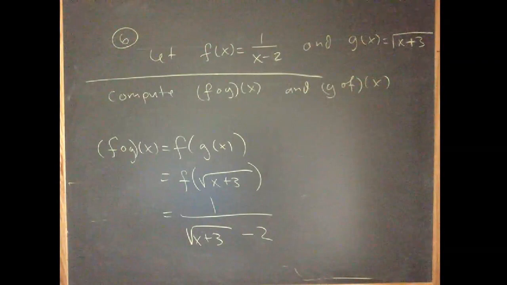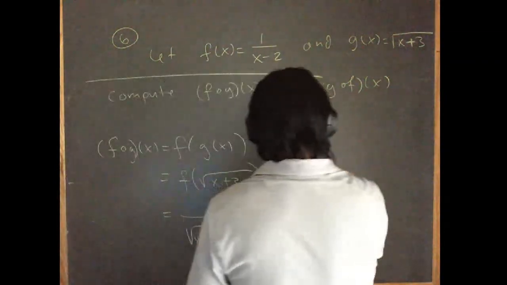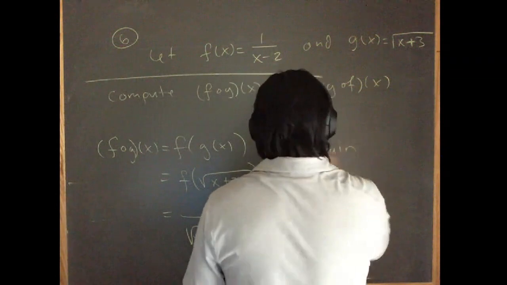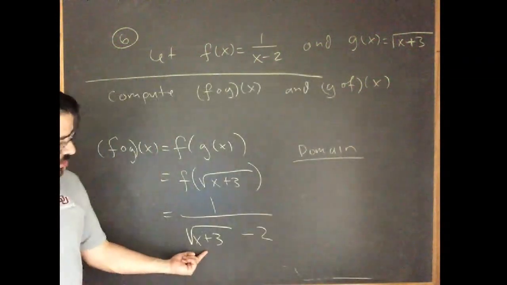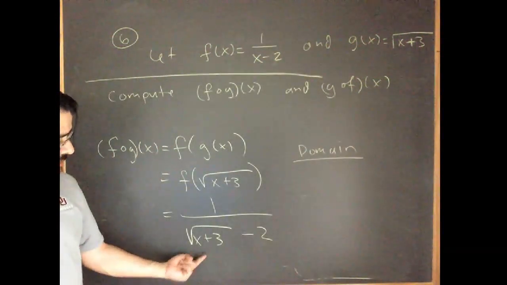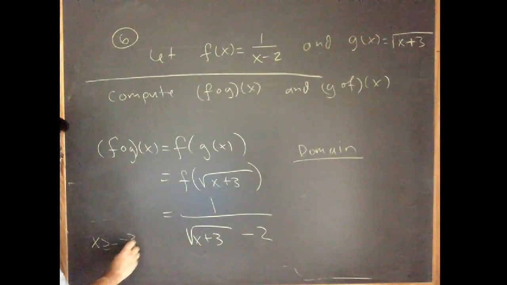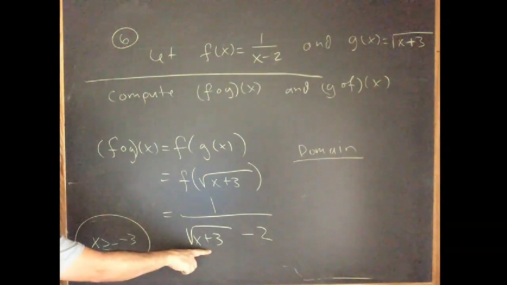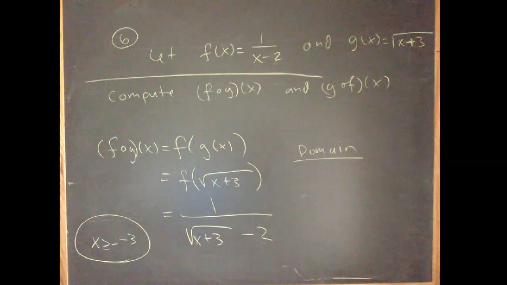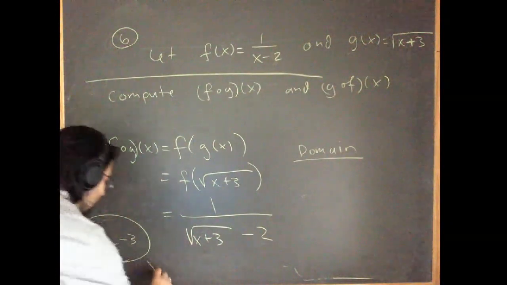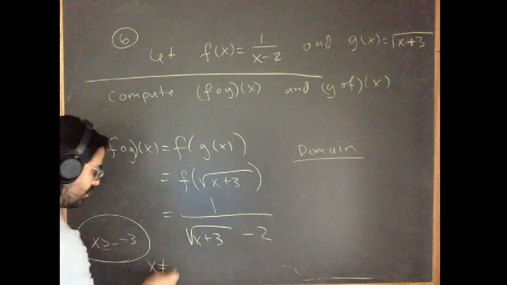Okay? And like I said, let's think about the domain here really quickly. First off, you have to make sure to plug in something that's bigger than or equal to negative 3. So x has to be bigger than or equal to negative 3 for the domain, for this piece. But then we also have to make sure that x is not equal to 1, right?